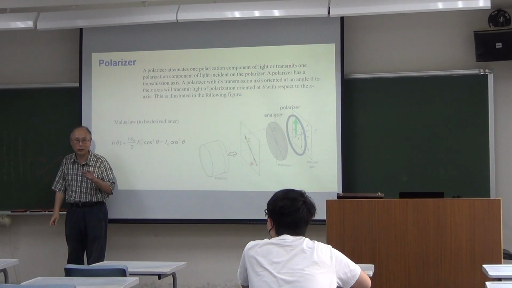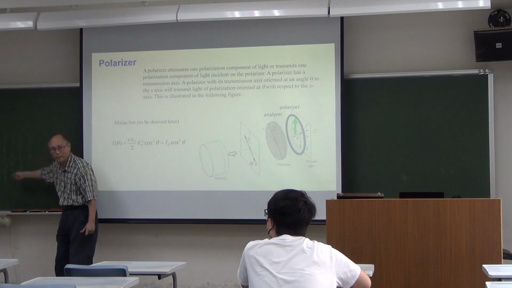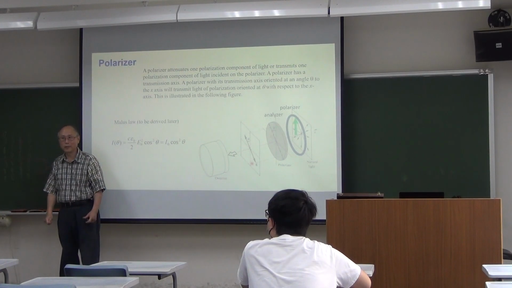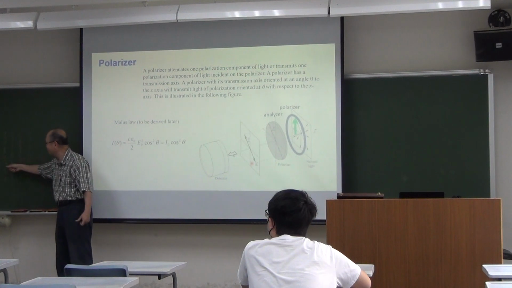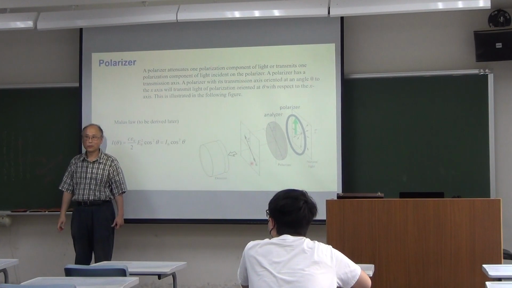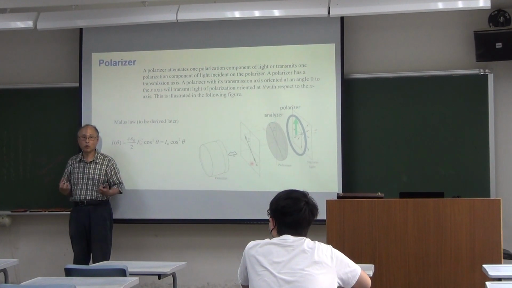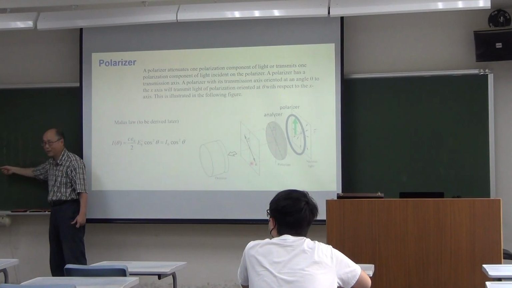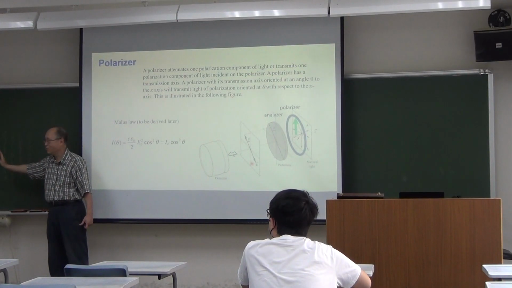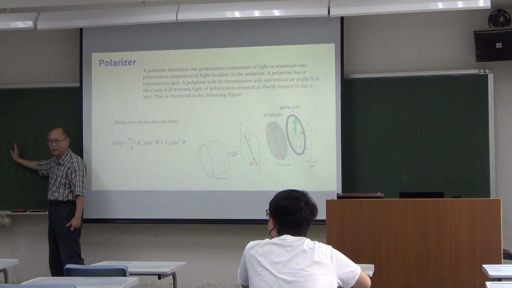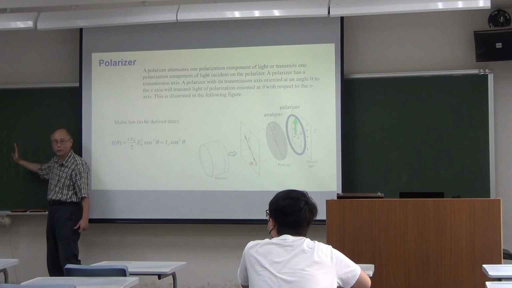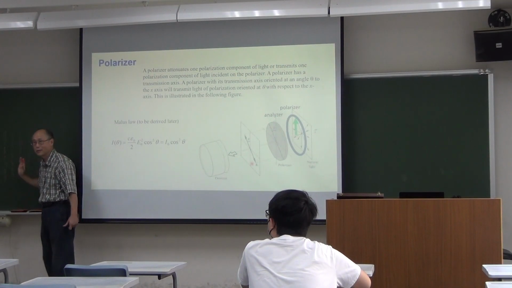By using an electric field. When you pull it, you transfer energy to these molecules. So this means that your energy is absorbed by these molecules. So if you polarize the light along this direction, the light cannot go through.